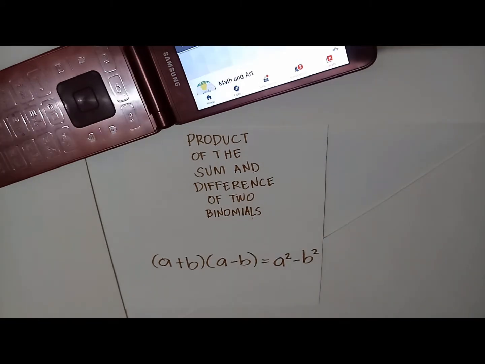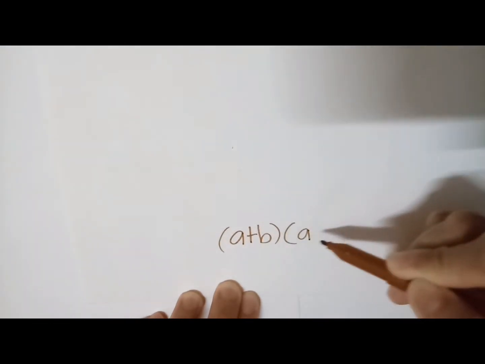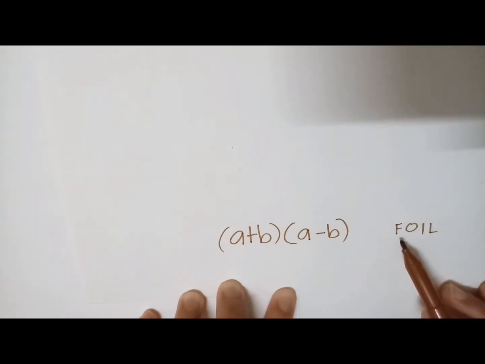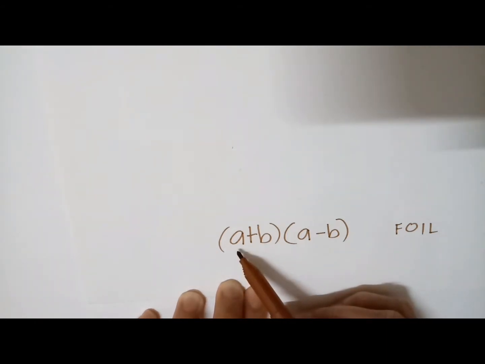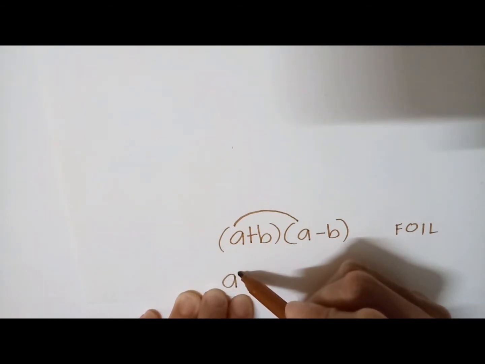Of course, we can solve this using the FOIL method or the distributive property to get this answer, if you're familiar with it. Let me show you that quickly. So we have the quantity a plus b times the quantity a minus b. We will be using the FOIL method. F means first, so we multiply the first term by the first term, that is a squared.